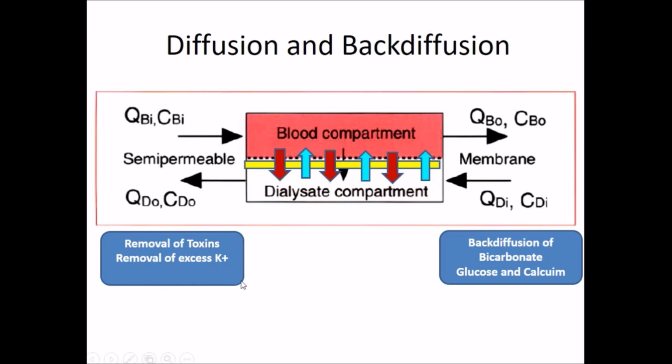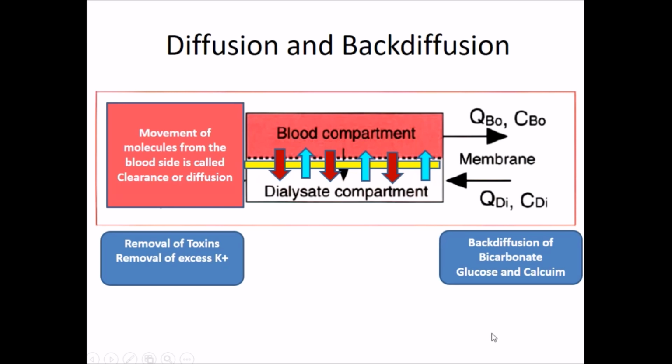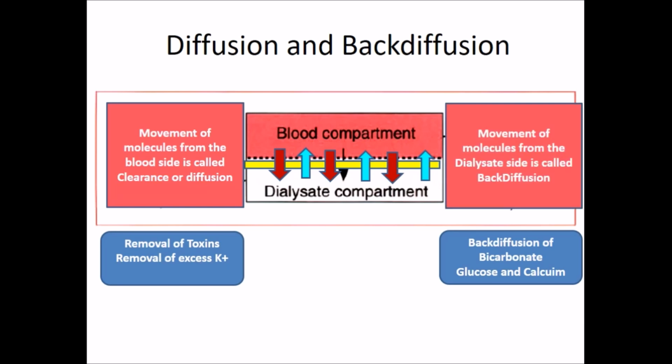Diffusion is important in removal of toxins, as well as removal of other solutes like potassium, while back diffusion is important in bicarbonate infusion, glucose, calcium, and others. So movement of molecules from the blood side is called clearance or diffusion, while movement of molecules from the dialysate side is called back diffusion.